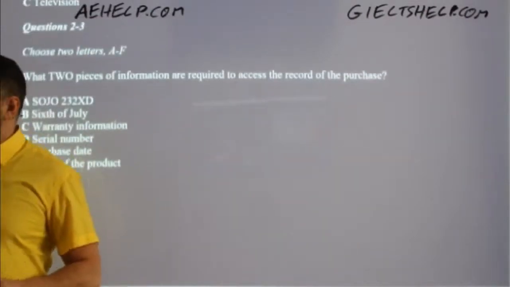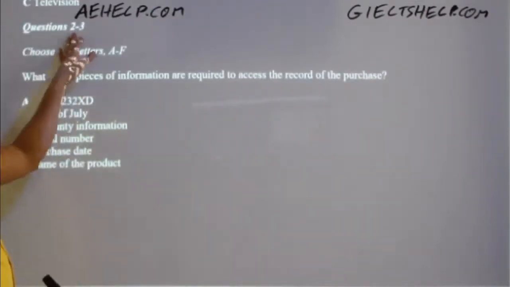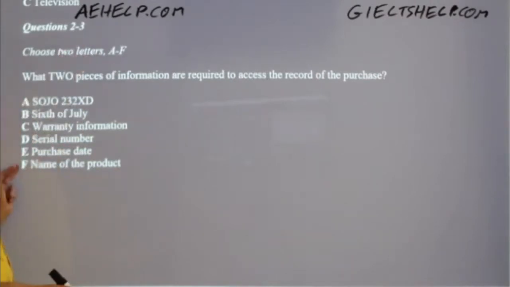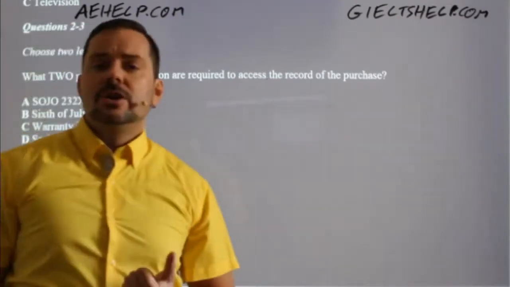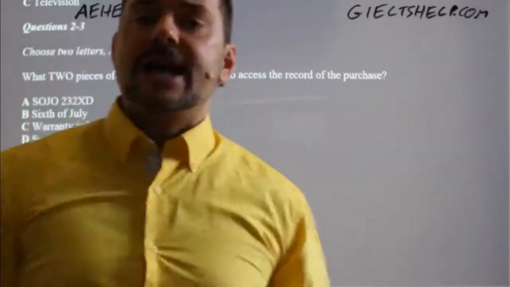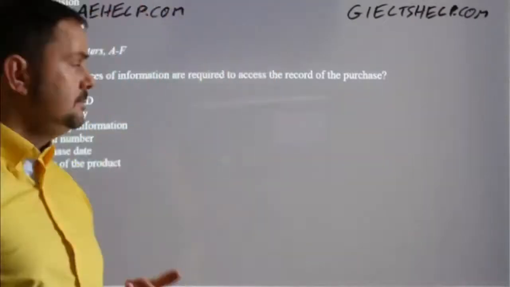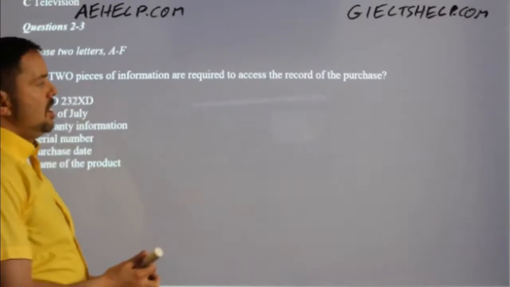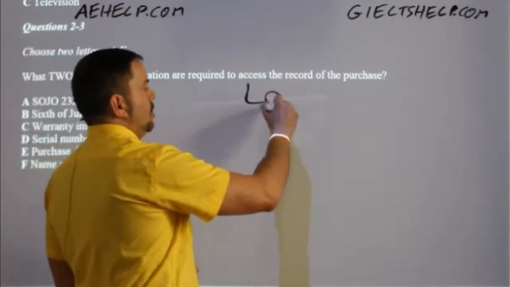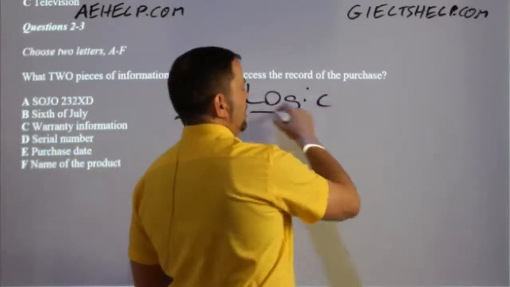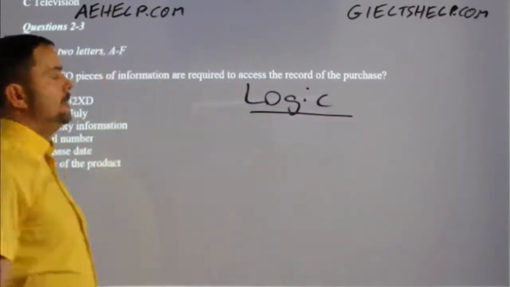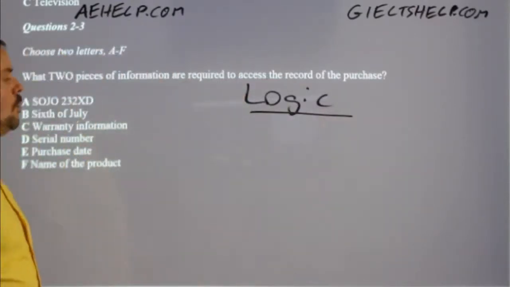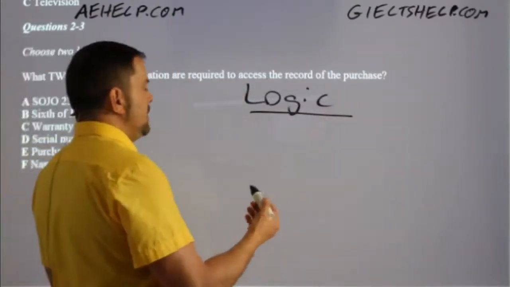Now, for questions 2 and 3, you had to choose 2 from 6 here, okay? So this is a multiple choice question with multiple answers, all right? Use logic, okay? Logic will help you here. Until now, what 2 questions did the woman ask?